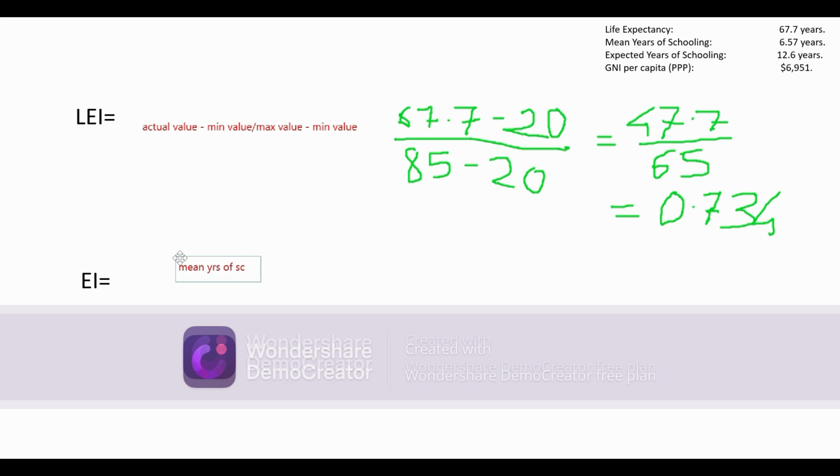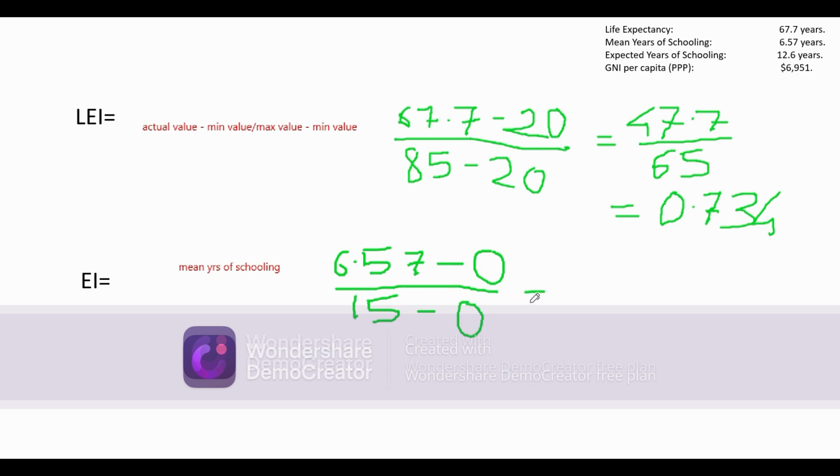The actual value is 6.57, the minimum value for mean years of schooling is 0, divided by the maximum value, 15, minus the minimum, 0. Simplifying this, we get 0.438.